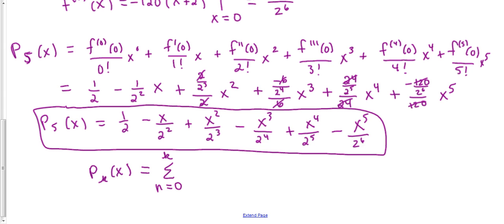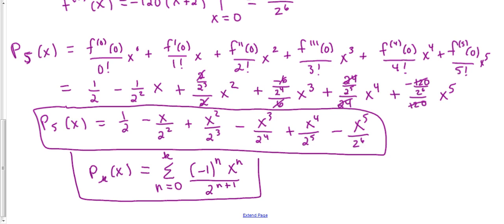And I've got alternating signs here, so I'm going to have a negative 1 to the n. I'm also going to have x to the n. But if we notice, the exponent of that 2 is always 1 higher than n, so that's going to be 2 to the n plus 1, and that's going to be our Taylor series.